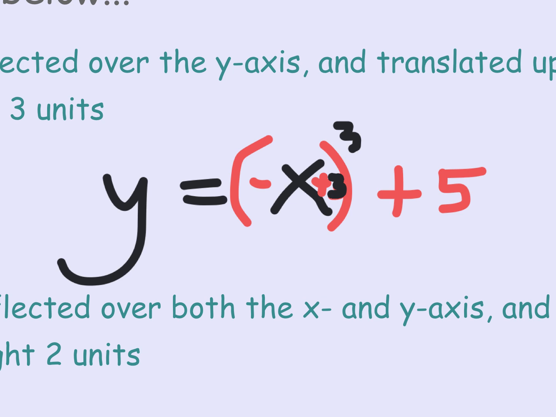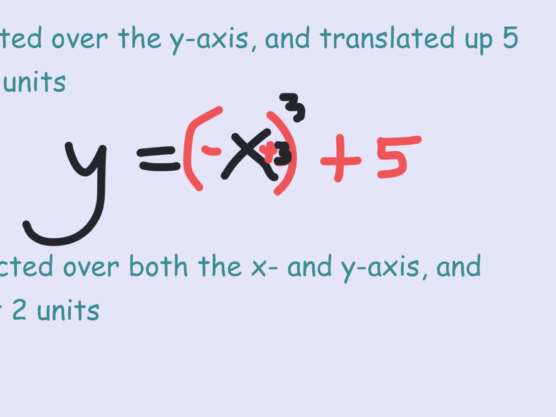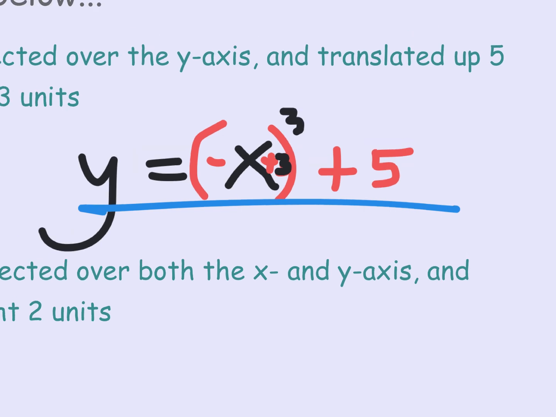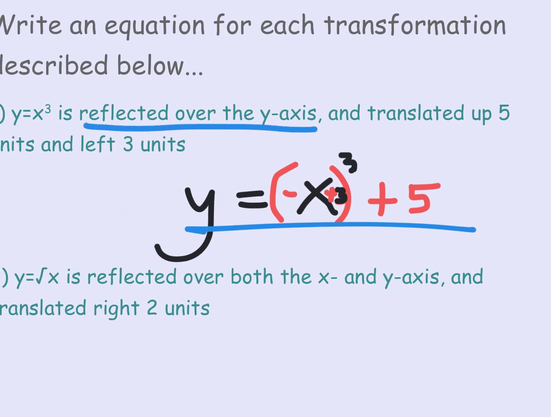Then I don't think it matters if we have a parenthesis on this one. Okay, there we go. That's an equation that does all 3 things they said. Reflects it over the y, that's horizontal, there it is. Up 5, there it is. Left 3, there it is. Now, if they had said in that order, then I'd have to double check it, but they did not say it had to be in that order.